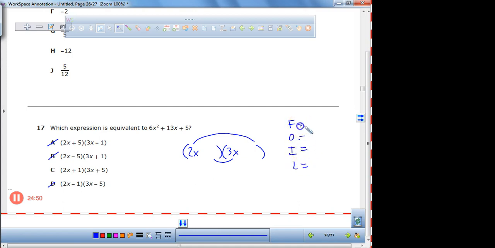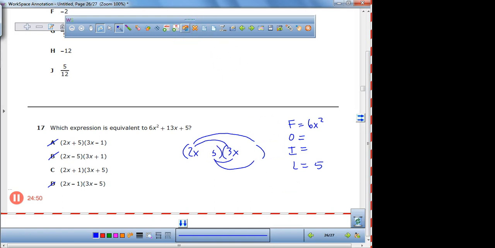The first term is 2x times 3x, which is 6x squared. That's easy. The last terms have to equal 5, so either a 1 goes here and a 5 goes here, or a 5 goes here and a 1 goes here.